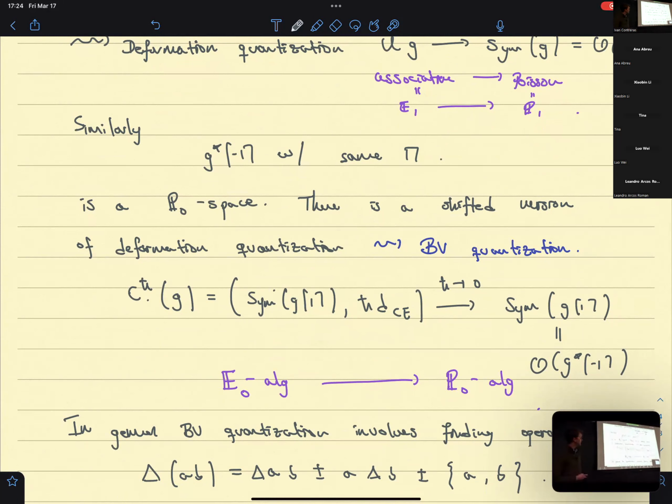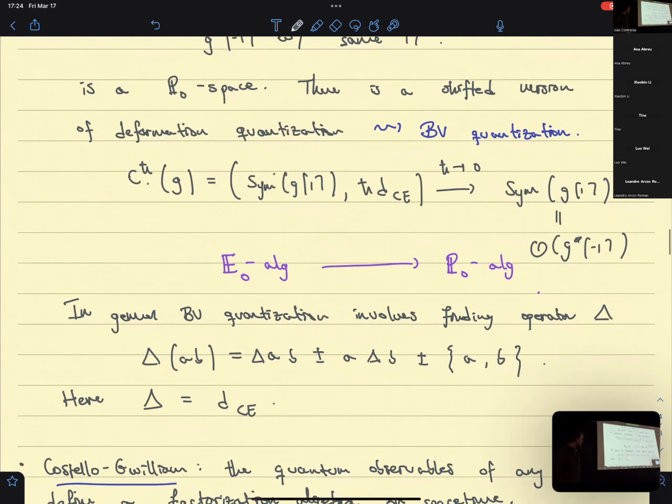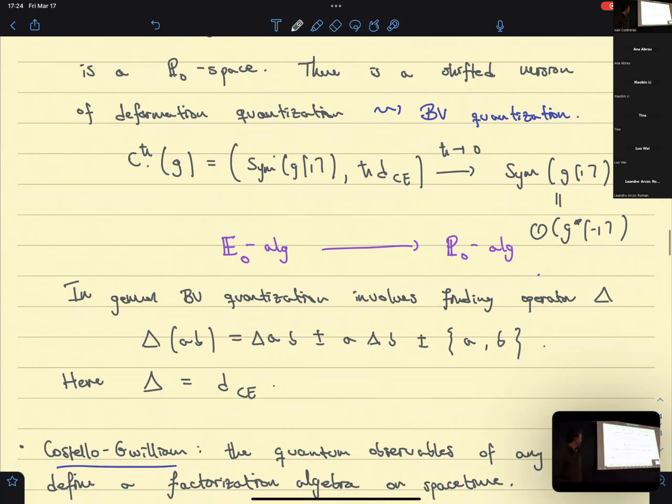As we take h bar to 0, I'm putting h bar in explicitly, you obtain functions on the shifted Poisson space. The sense in which this is a quantization, more generally, involves finding this BV operator delta. Here, delta is exactly the Chevalley-Eilenberg differential. Great.